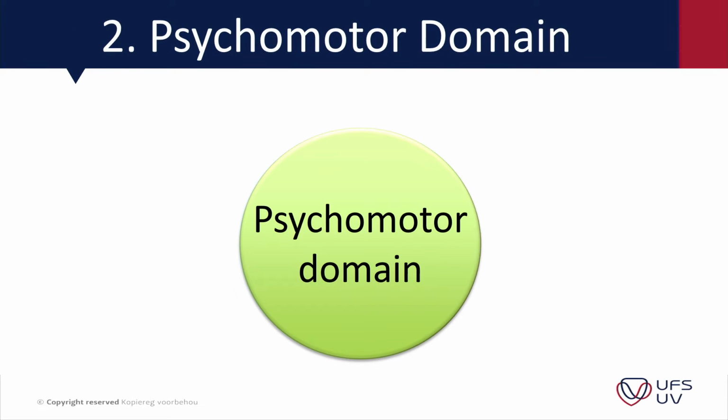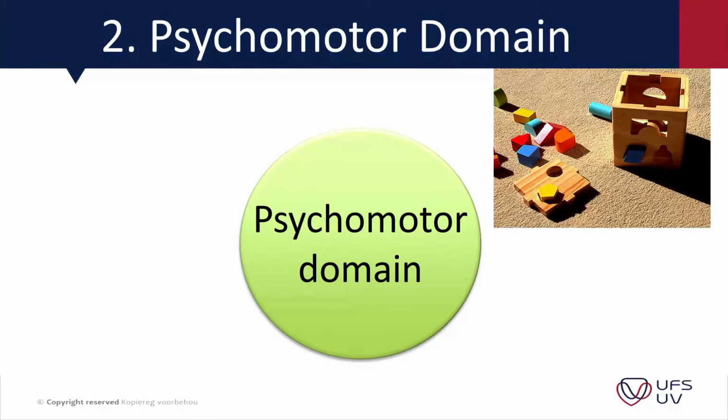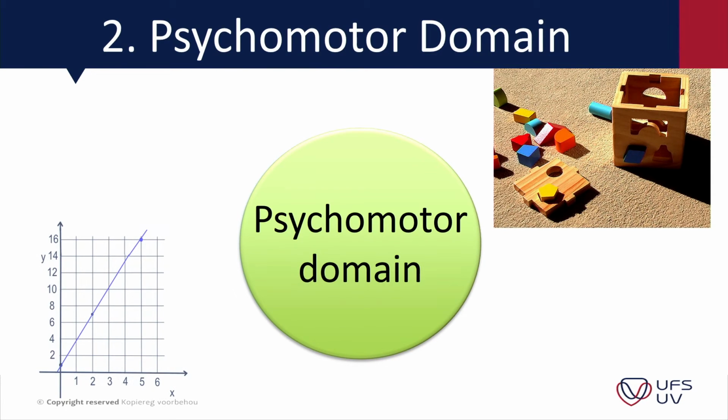Examples of well-stated objectives in the psychomotor domain include: given the board with cuts to receive objects of different shapes, the learner should place at least one of the objects in the appropriately shaped cuts. Given a ruler and a sheet of graph paper, the learner should draw a neat straight line graph and correctly indicate all the points of intersection with the axis.